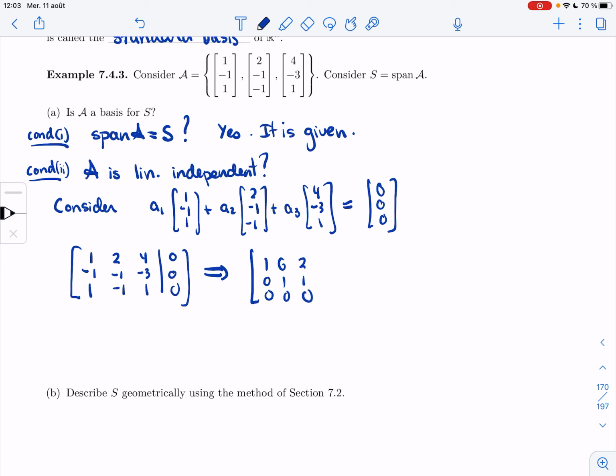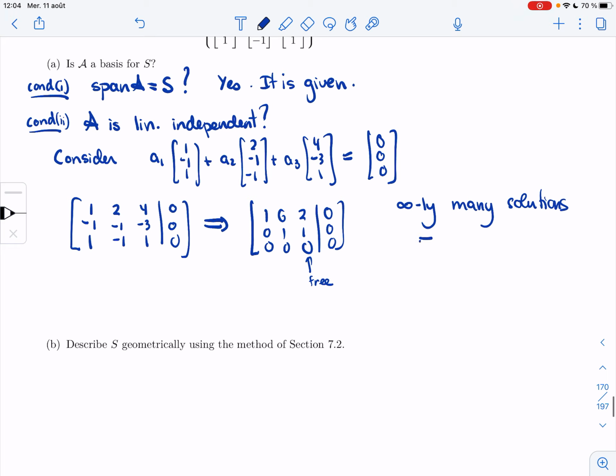The third column is free. And so I have a free variable, which means I have infinitely many solutions. Infinitely many solutions means not only the trivial one, so A is linearly dependent.